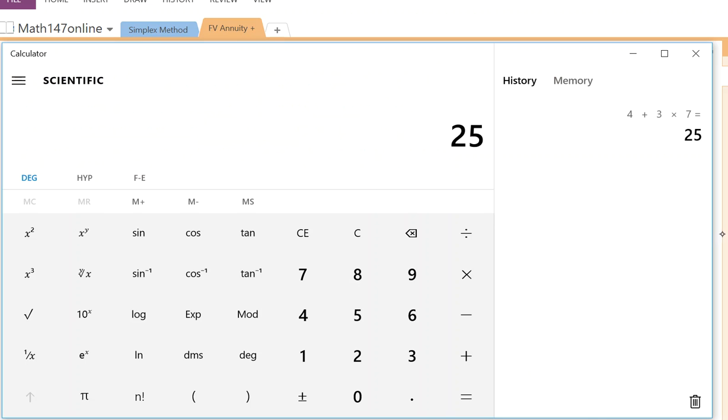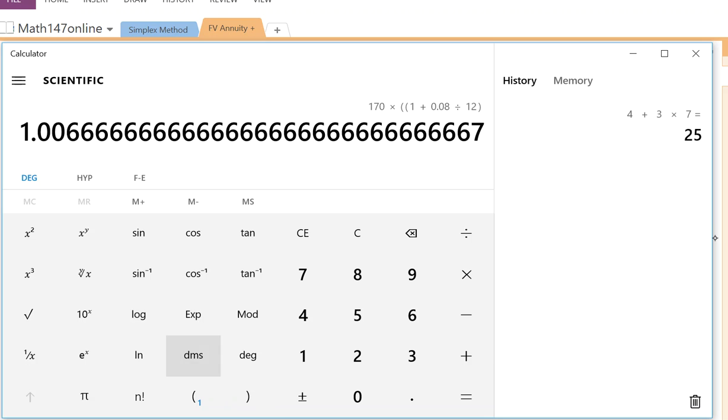Let's switch over to the calculator and find out what that number is. I want to do 170 times parenthesis 1 plus 0.08 divided by 12. Close that first parenthesis off.